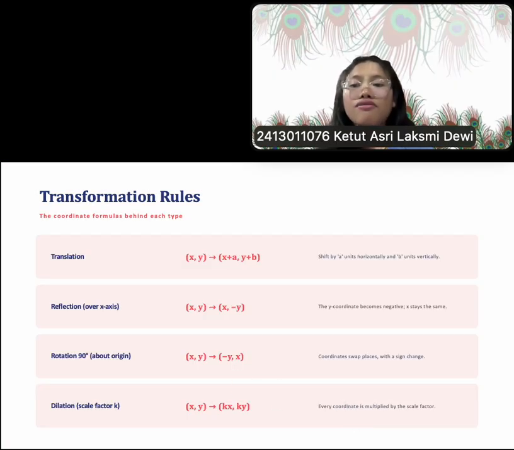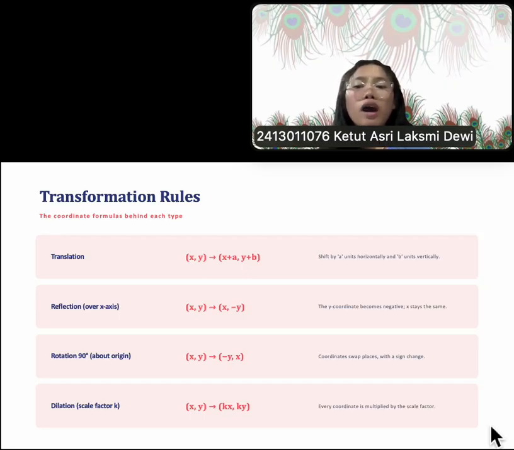And next, after knowing the four types, let's look at the coordinate rule behind each one. For translation, the rule is (x, y) becomes (x + a, y + b), and this means we move the shape by a units horizontally and b units vertically. For reflection over the x-axis, the rule is (x, y) becomes (x, -y).